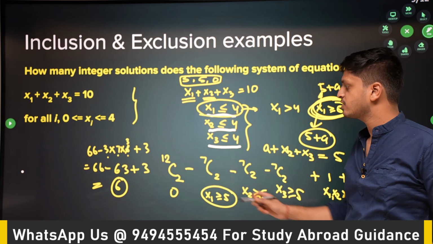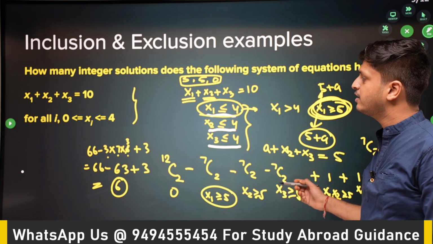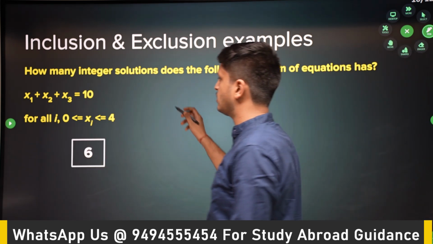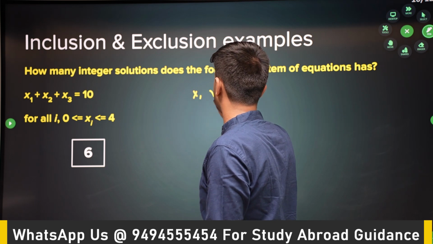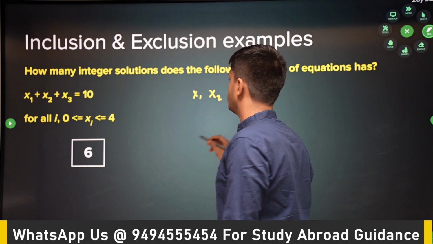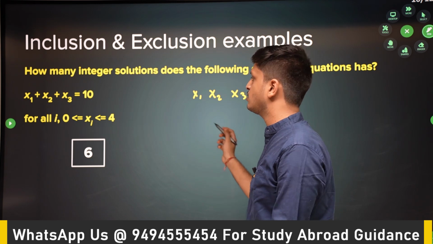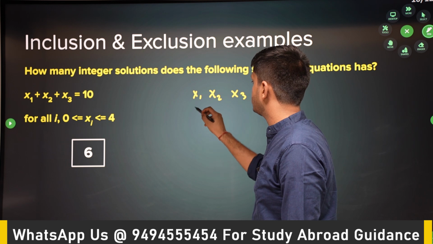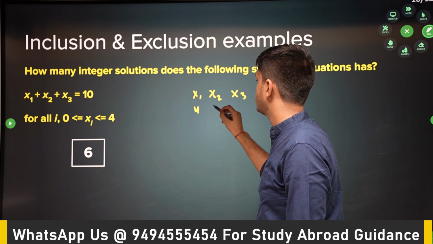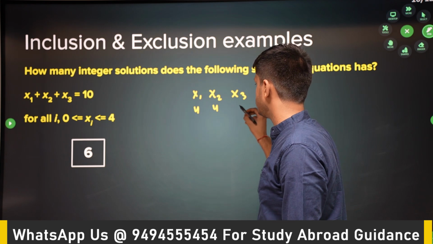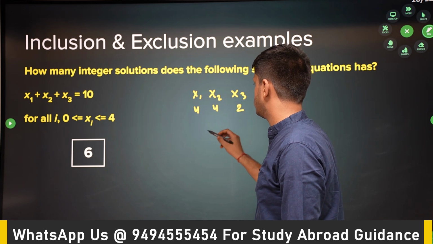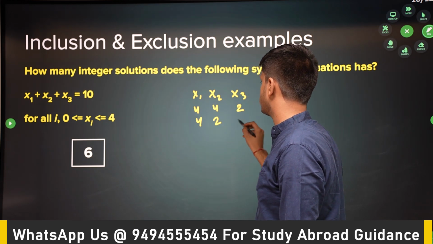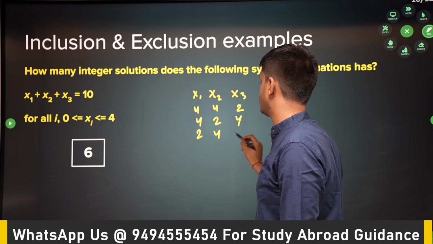There are 6 solutions to this system of equations. And since there are only 6 solutions, you can also write them down: x1, x2, x3. Since all of them have to be between 0 and 4, let's start with 4. One such solution will be 4, 4, 2. Then 4, 2, 4. Then 2, 4, 4.